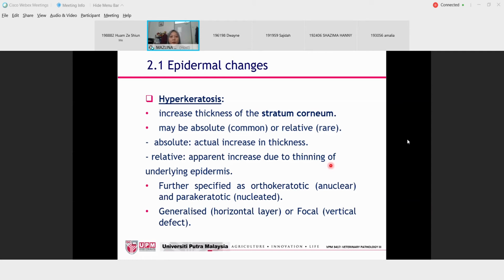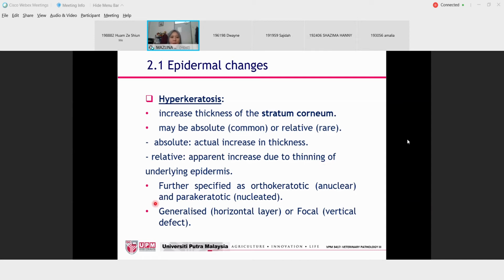Then hyperkeratosis can be further classified into two types. The orthokeratotic, which means there is no nuclei, so anuclear, and the second one is called parakeratotic, where you can still see the nucleus. Remember, stratum corneum in normal condition is made of dead tissue which is anucleated.